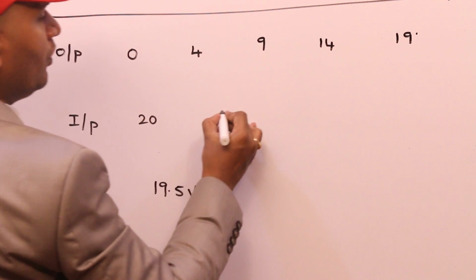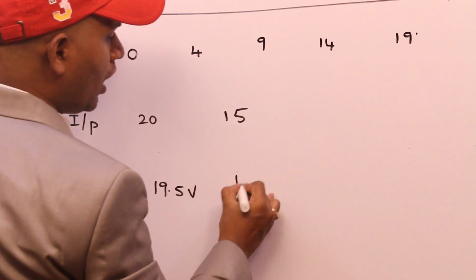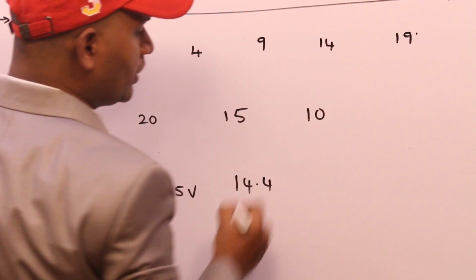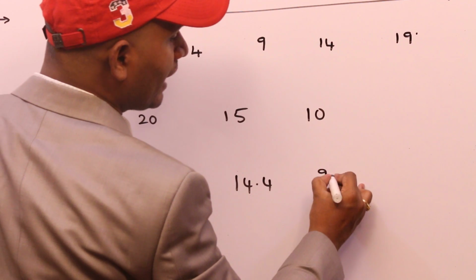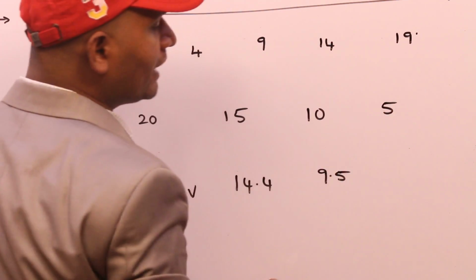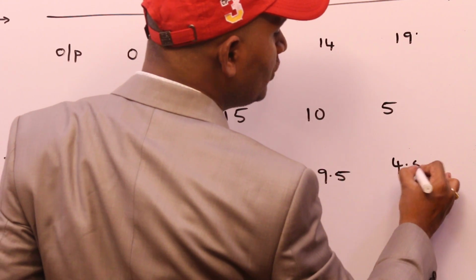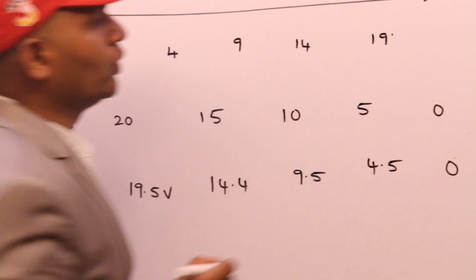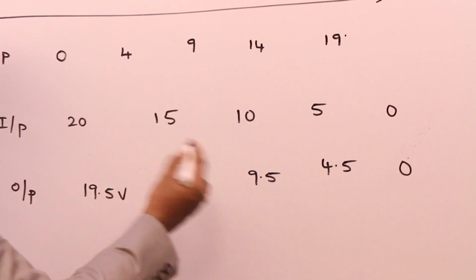For 15 volts input, the output is 14.4 volts. For 10 volts input, the output is 9.5 volts. For 5 volts input, the output is 4.5 volts. For 0 volts input, the output is 0 volts. This we are doing in decreasing order.